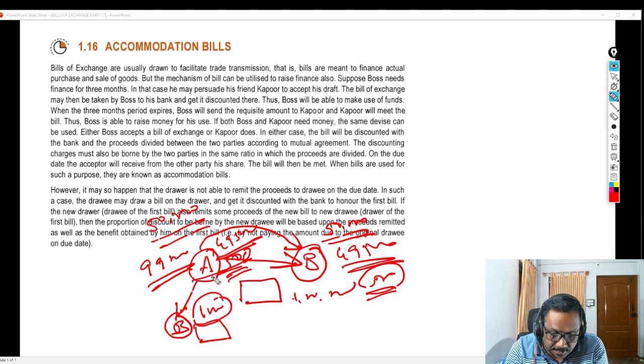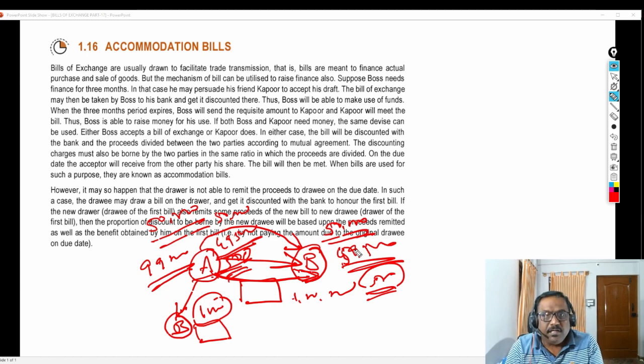A used only 49,500, that means 50,000 including discount, because he has to bear the 500 discount also. So A will give his 50,000 rupees to B before the due date.